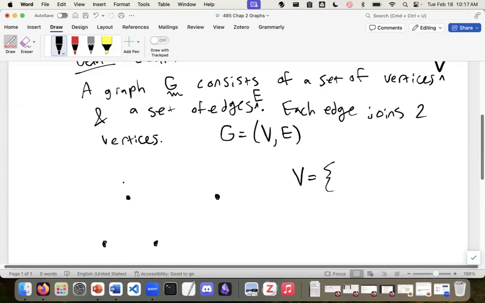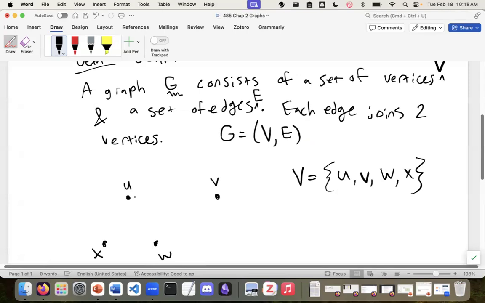We can label them: this is U, this is V, the bottom left is X, bottom right is W. The set of vertices is just a regular set: U, V, W, and then X.